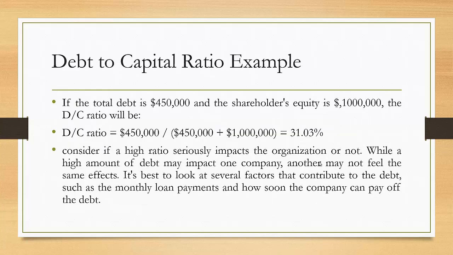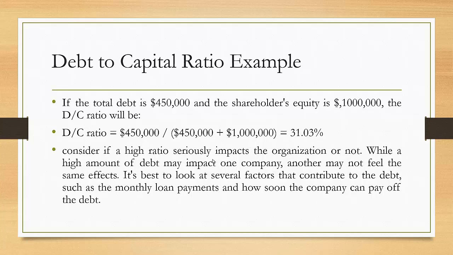There is one example through which we can understand it better. You can see here that total debt is $450,000 and total equity is $1 million. So when we add debt and equity, this will give us total capital, and we divide this total debt by this total capital, so it will give us the overall percentage.